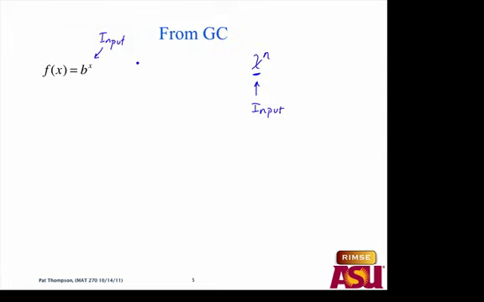And so we want to work this out. So let's begin with what we begin with. How about Tony? How would we start if we're after a closed form for b to the x?